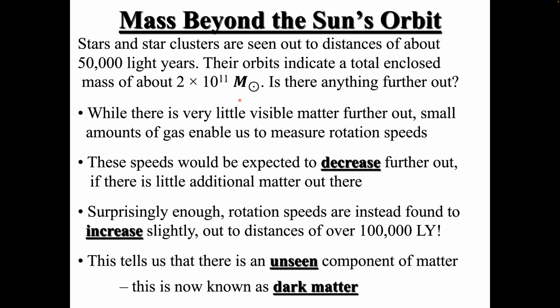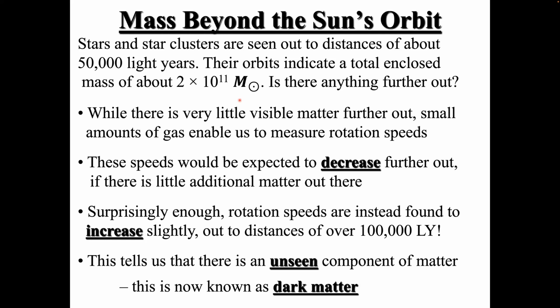However, the effect of that matter is working. That's why, when you expect the rotational speeds to decrease according to the visible matter available to us, the rotational speeds have increased.